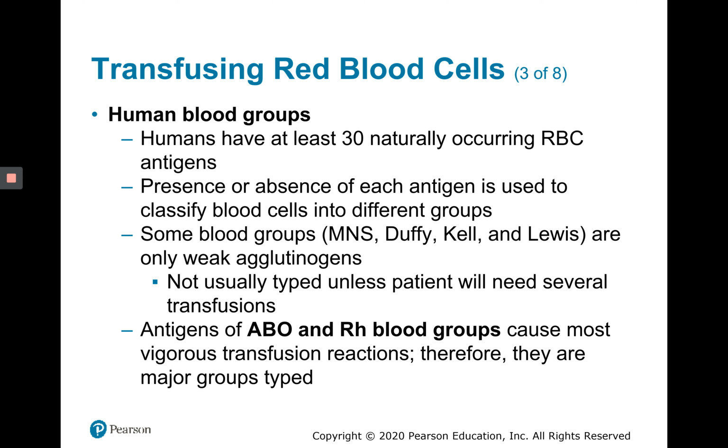And so they're not usually typed unless the patient is getting a lot of blood from a donor. So if someone needs several transfusions, we're not really going to type for those blood groups. What is typed, what is important because they are stronger agglutinogens, are the ABO antigens and the RH antigens. So the ABO and RH blood groups cause the most vigorous transfusion reactions, therefore they're the major groups typed.